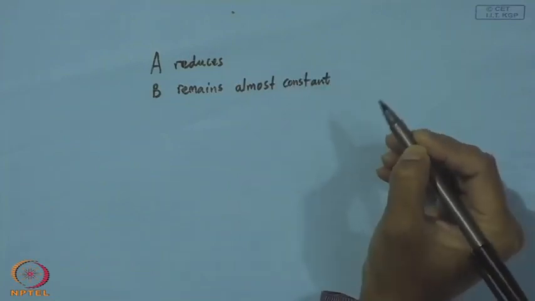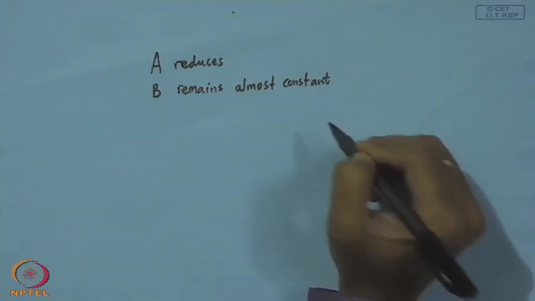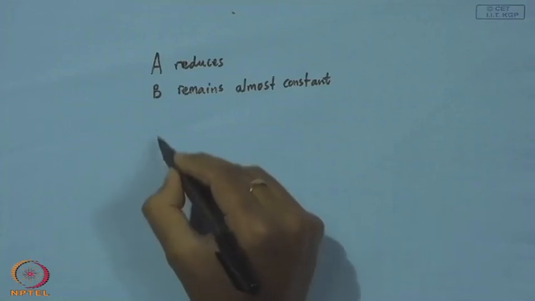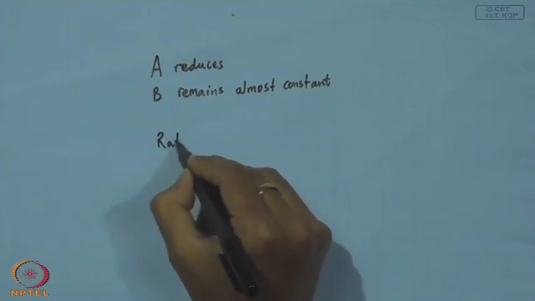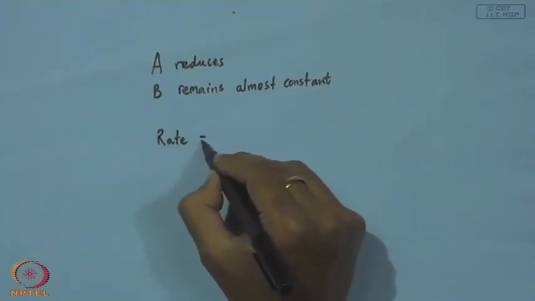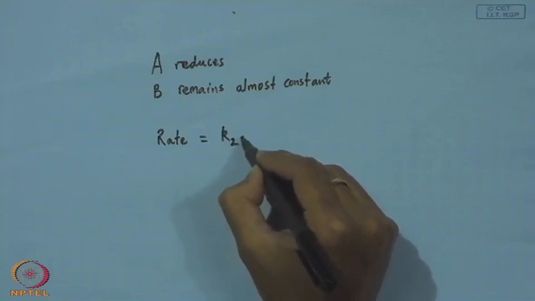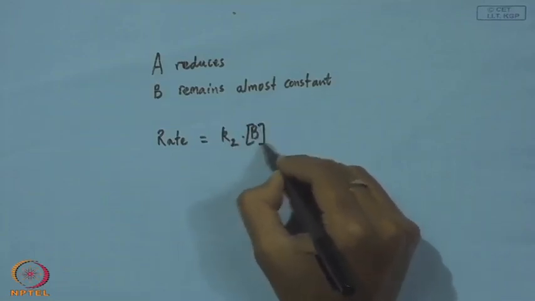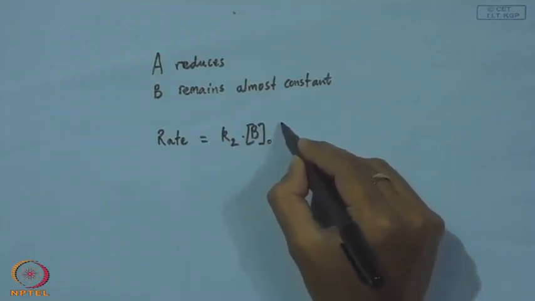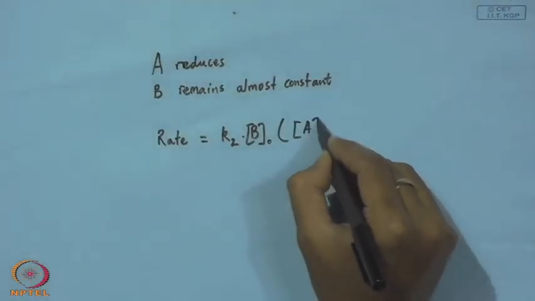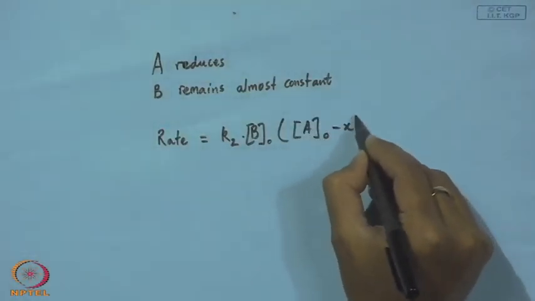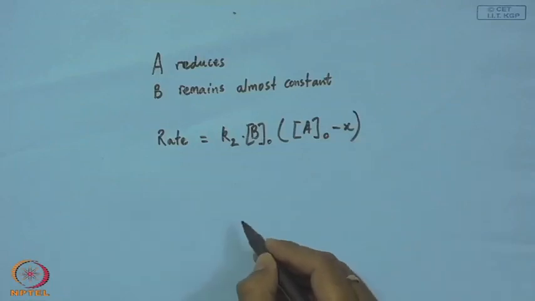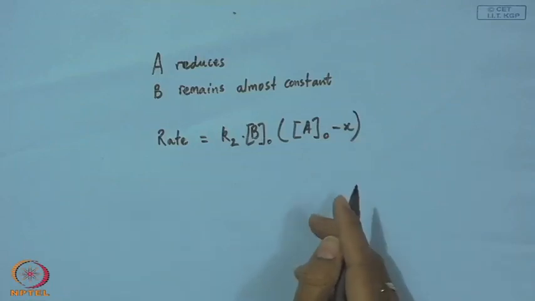Now if we plot this one, the plot will look like a first order one. That means, rate will now be written as K2 times B naught times A naught minus x. So, the plot will look like a first order plot.